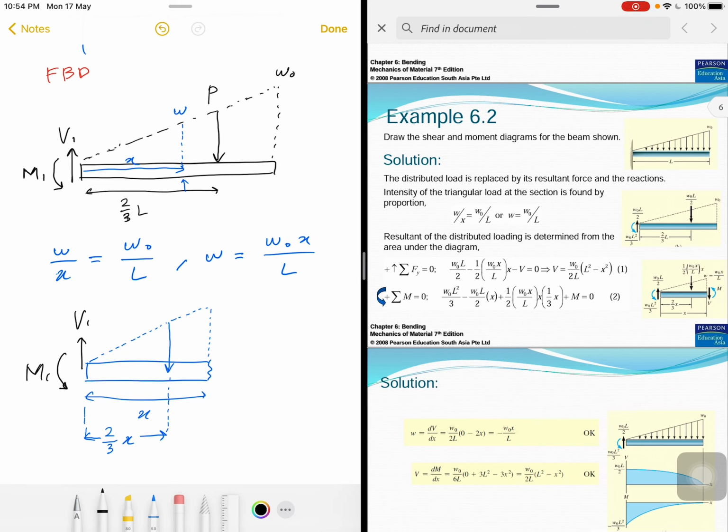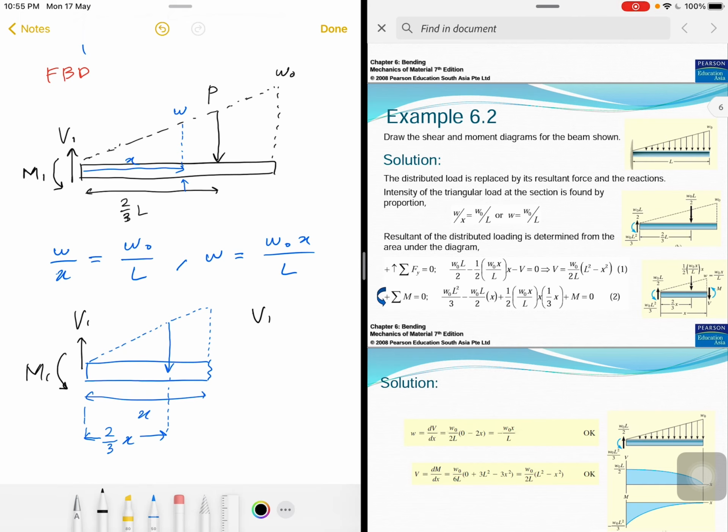Okay, I forgot about calculating the V1 and M1, the reaction force at the support.